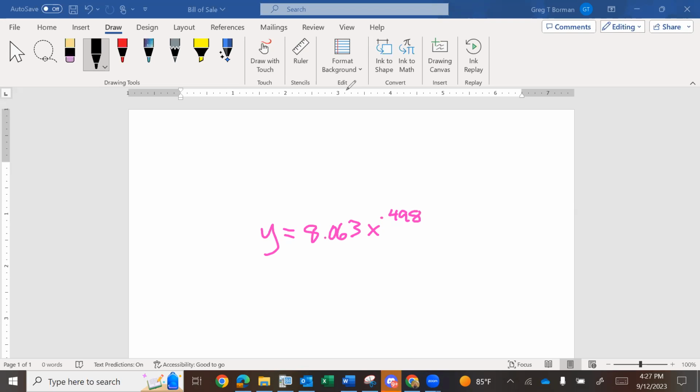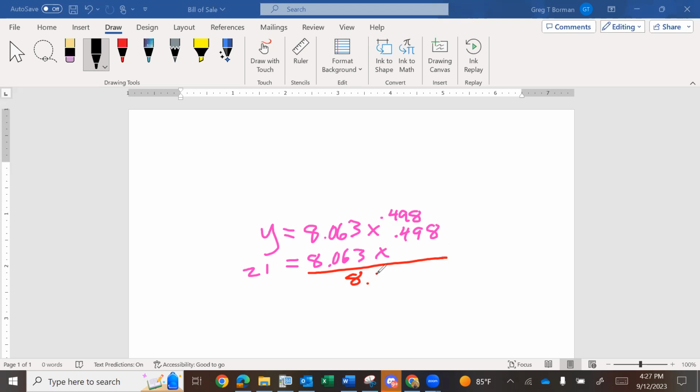Okay, so how do we do it? Well, we know 21 is a y value, so 21 is going to get plugged in for y, guaranteed. Now what do we do? Well, the next step is probably fairly obvious.